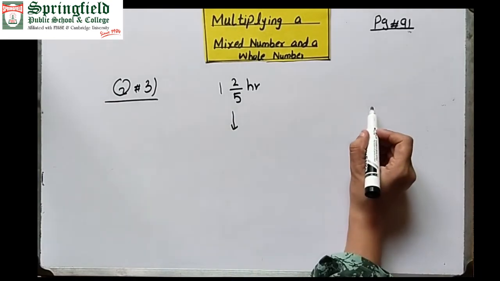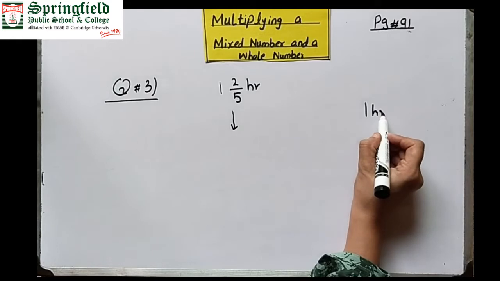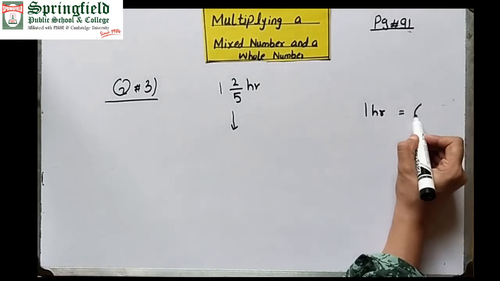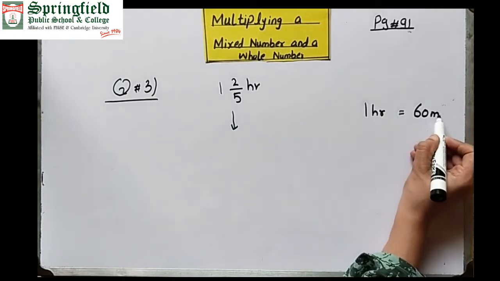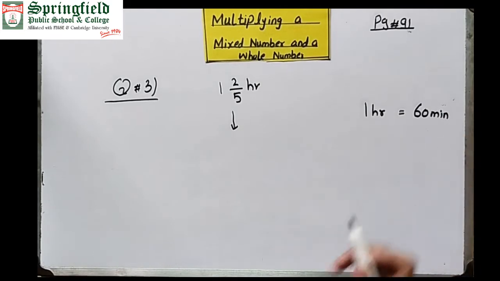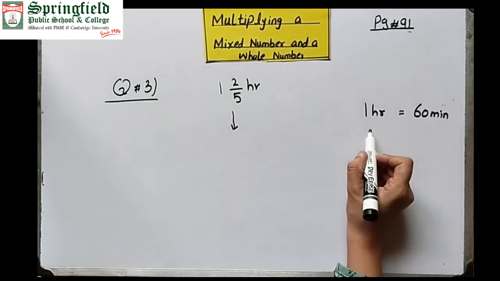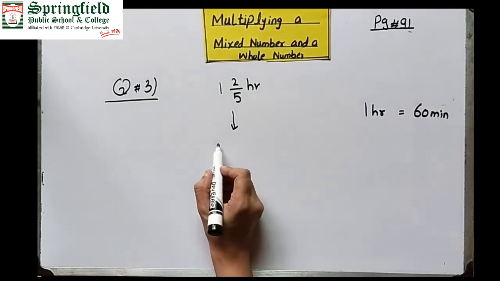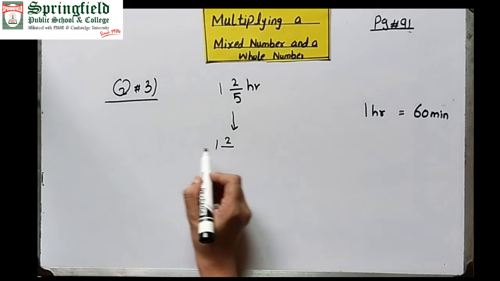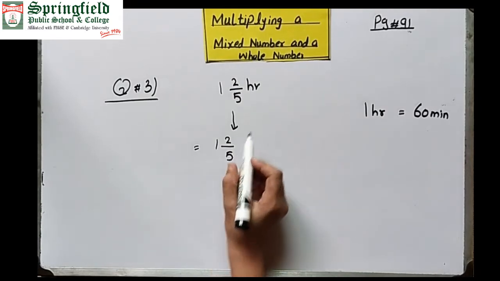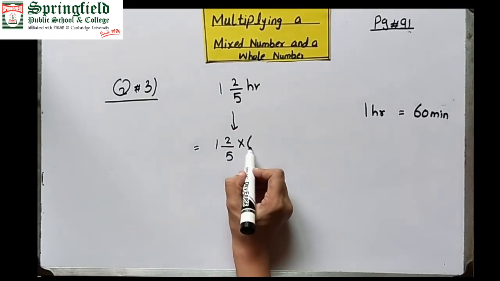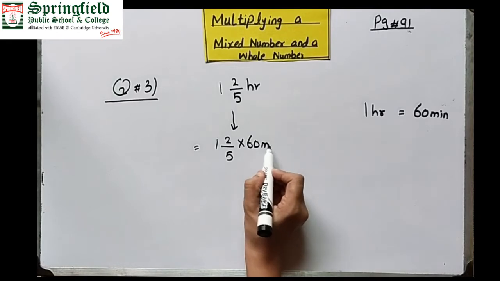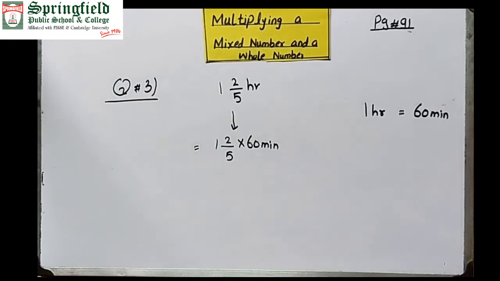Okay, beta, as we know that 1 hour is equal to how many minutes? 60 minutes. Fine. So convert this 1 whole 2 by 5, multiply with 60 minutes, when they are asking about in minutes. Fine.